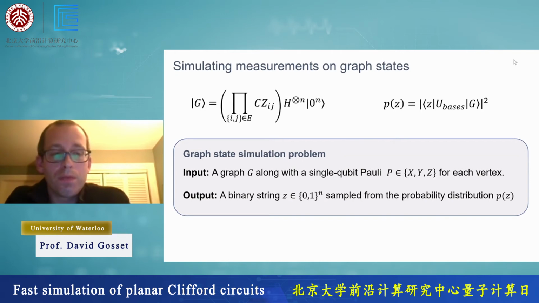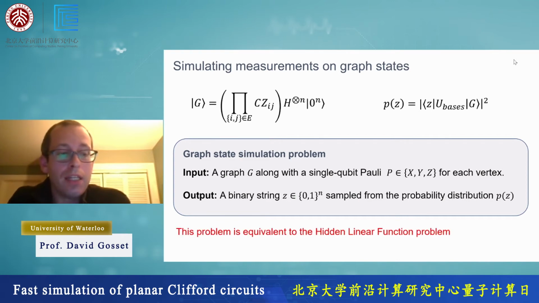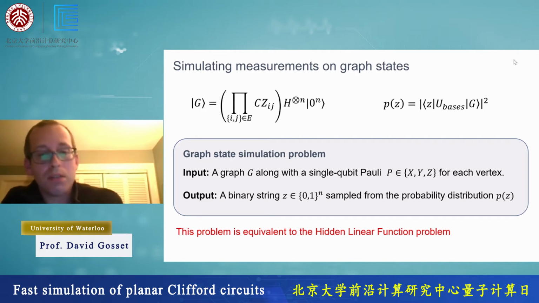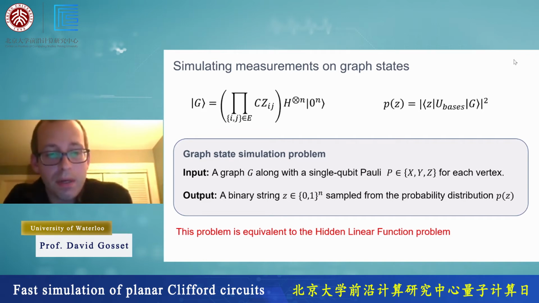Just formally, we define this graph state simulation problem where you're given the graph and a Pauli for each vertex, and you want to output a binary string sampled from the distribution you would get from doing this measurement. It should be noted that this problem turns out to be equivalent to the hidden linear function problem.